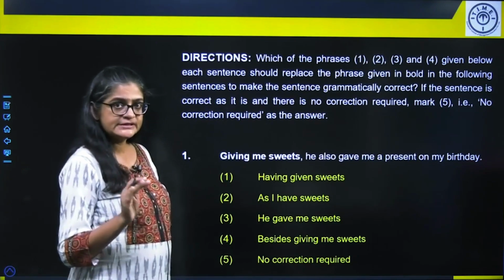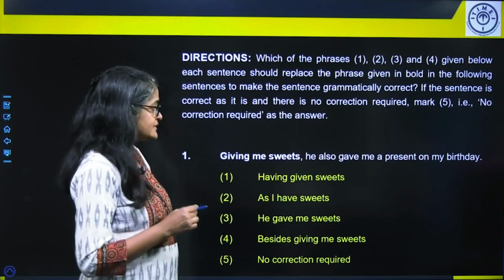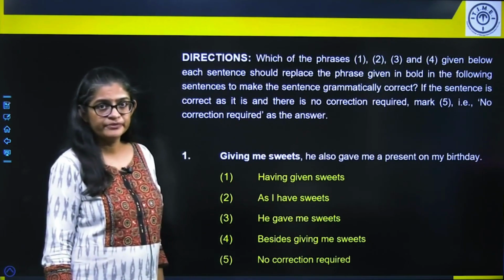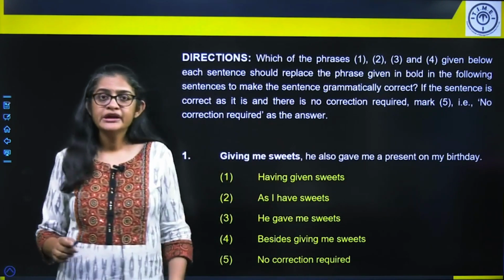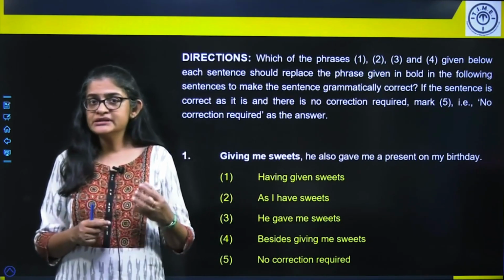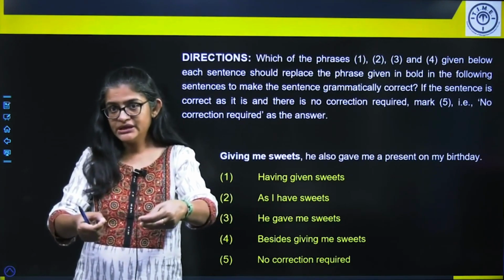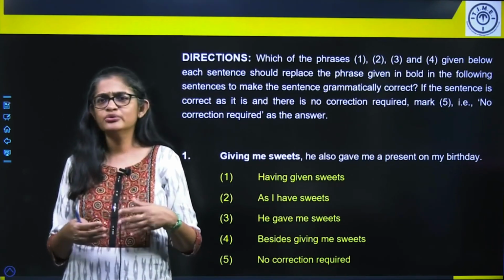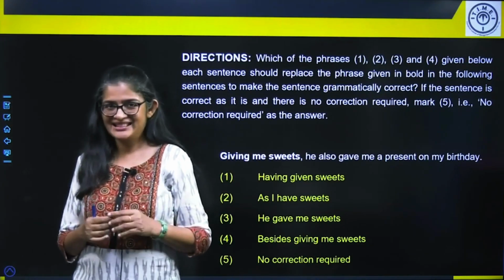The first sentence: giving me sweets, he also gave me a present on my birthday. Now the highlighted part is this, as you can see. Giving me sweets means what? While he was giving me sweets, he did something. What could he do? He sang a song, something like that.